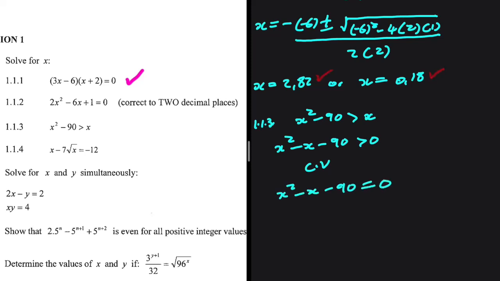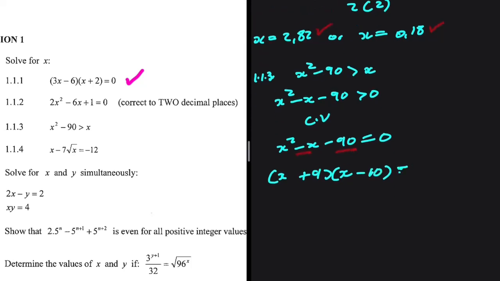Now we just need to factorize this. In factorizing this, we are looking for two numbers that when we multiply, we get minus 90, and when we add, we get minus 1. That is plus 9 and minus 10 equals 0. So x equals minus 9 or x equals 10. These are our two critical values.